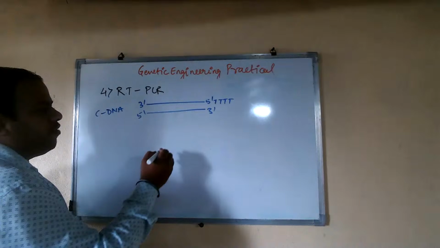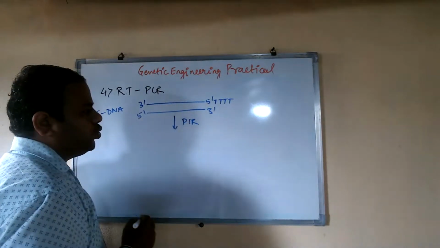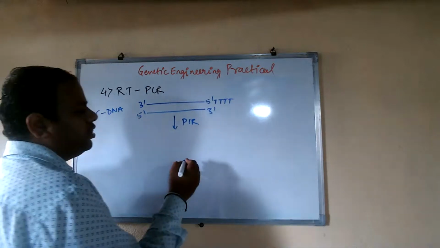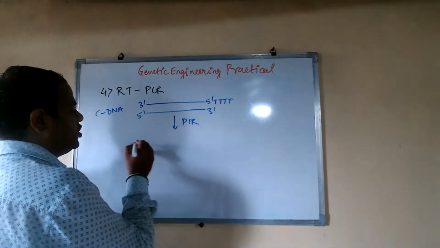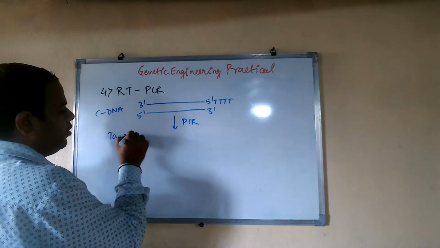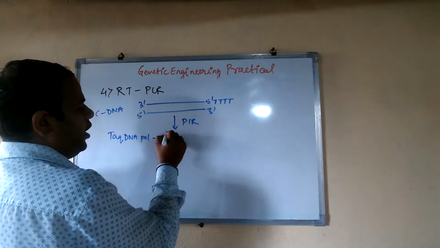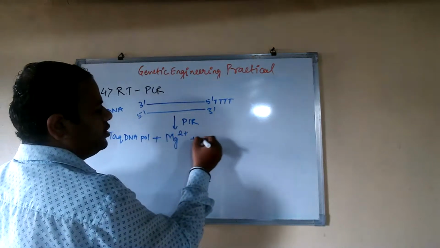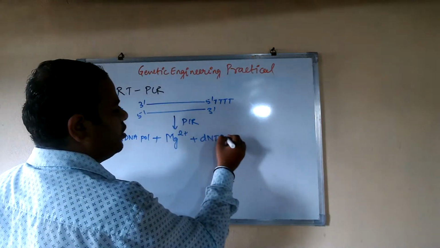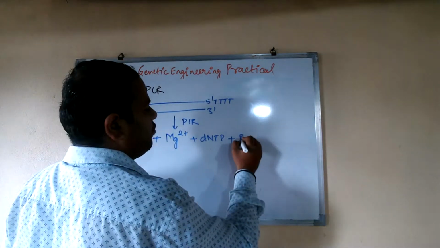Okay, so now after that you have to go for the PCR reaction. So you have to add along with this all the PCR components such as Taq DNA polymerase plus Mg2+ ions plus dNTPs plus buffer.